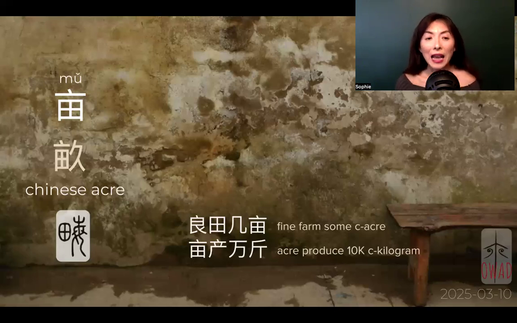So that ends up as a Chinese acre, because every country has its own sense of space, its own unit of measurement. So this is a Chinese acre, which is equivalent to 666.666, basically 2/3 of 1,000 square meters. Wait, did I say it right?